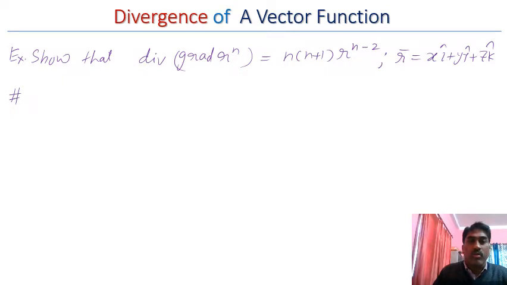We have done a lot of work for this one, so we will reuse that. We have calculated in some previous question that grad r^n is equal to n r^(n-2) r vector.